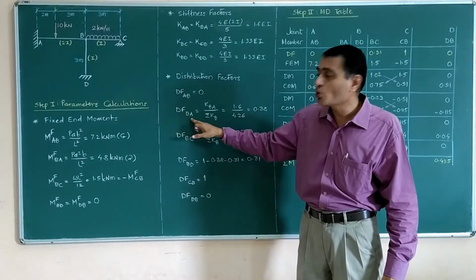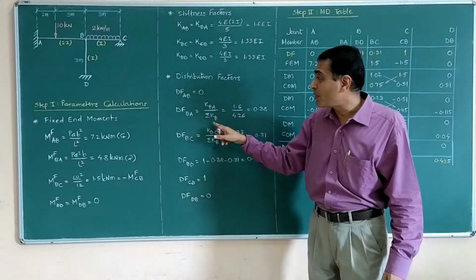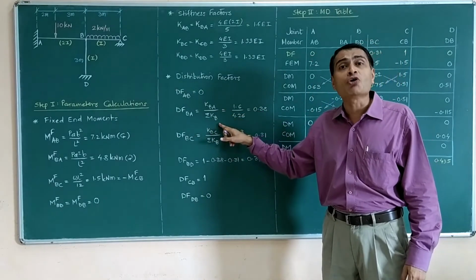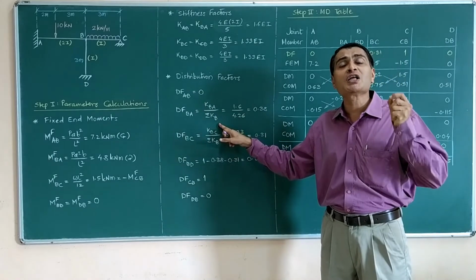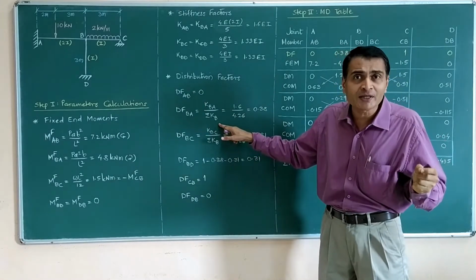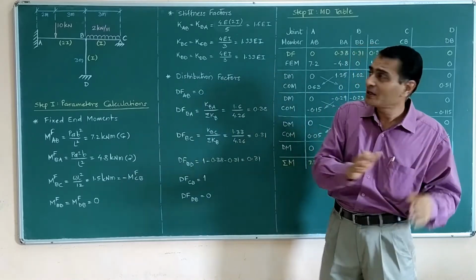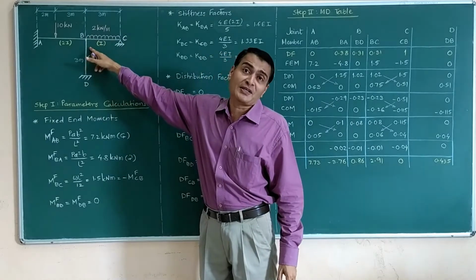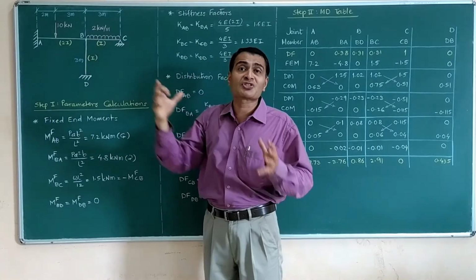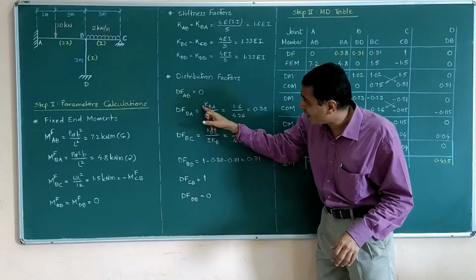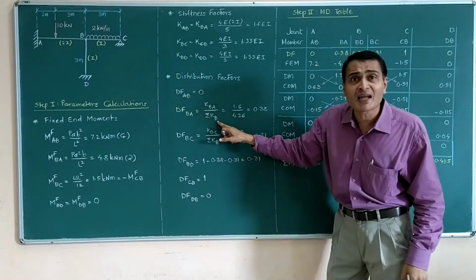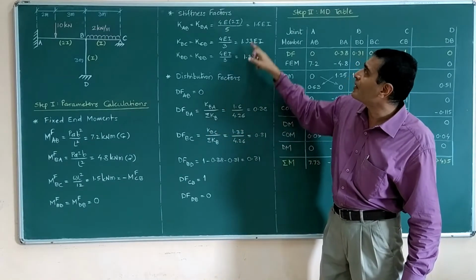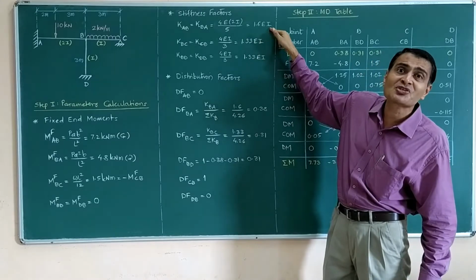Then I go for the distribution factor of BA, which by definition is stiffness of BA upon the sum of stiffness of all the members meeting at joint B. That means K of BA plus K of BC plus K of BD. The summation of stiffness of these three members, that's why I am writing K of BA upon sigma K at B. K of BA we have calculated as 1.6 times EI.